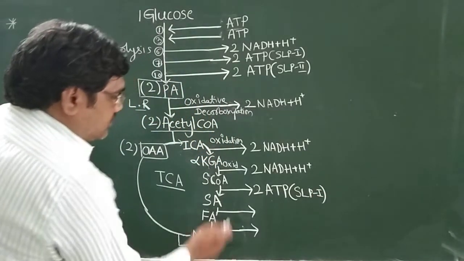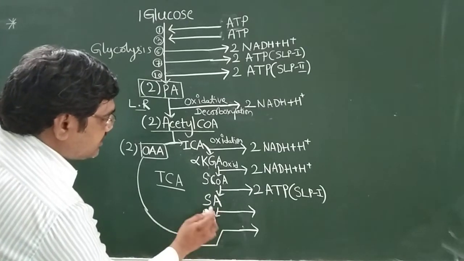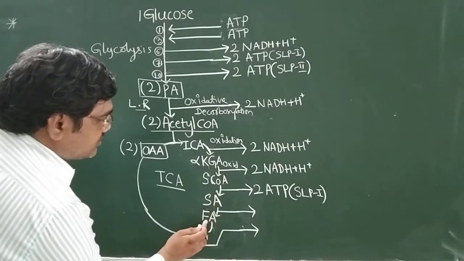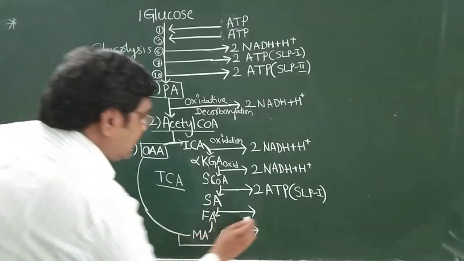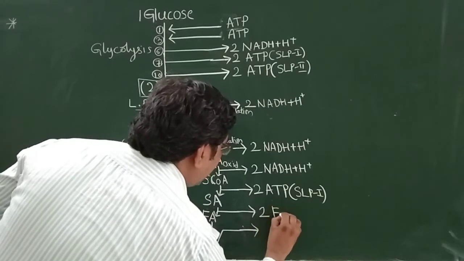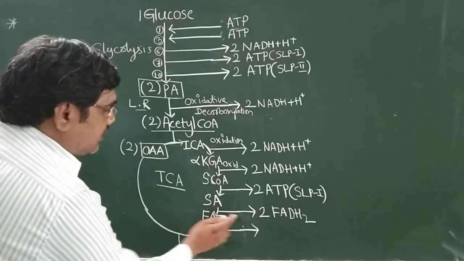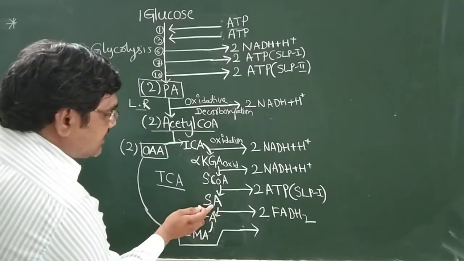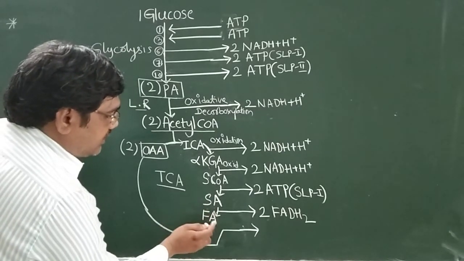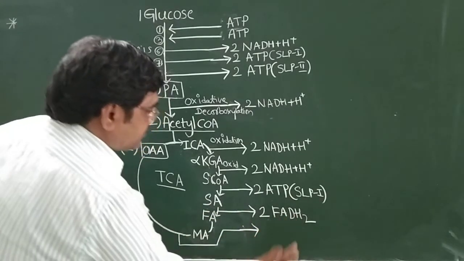Next, succinic acid is converted into fumaric acid. During this reaction two molecules of FADH2 are produced.